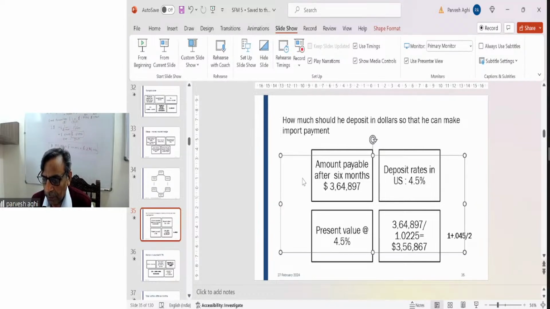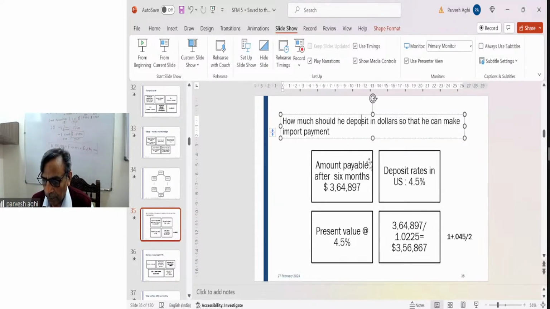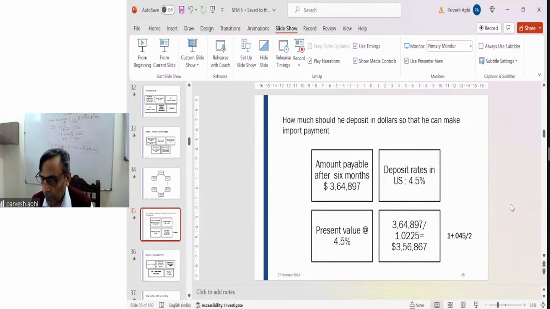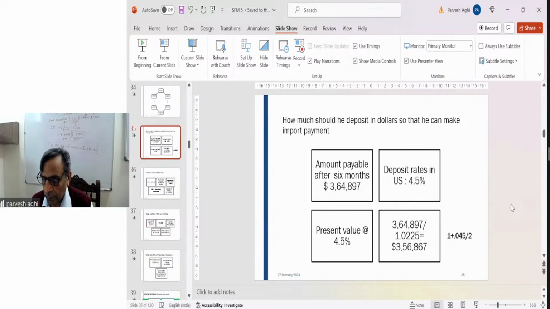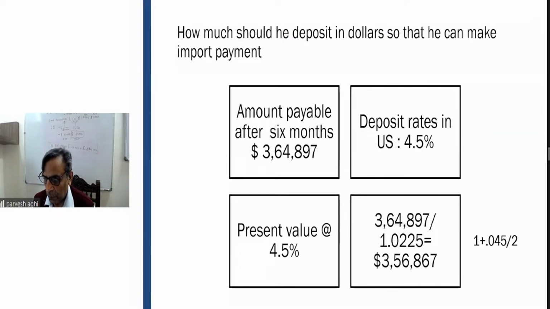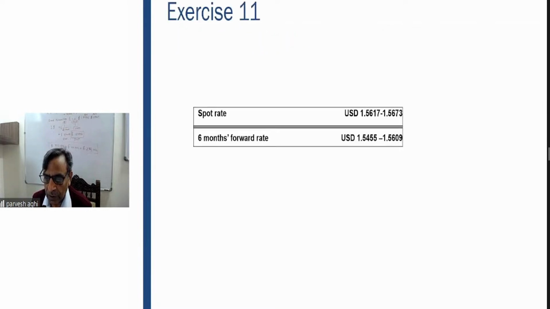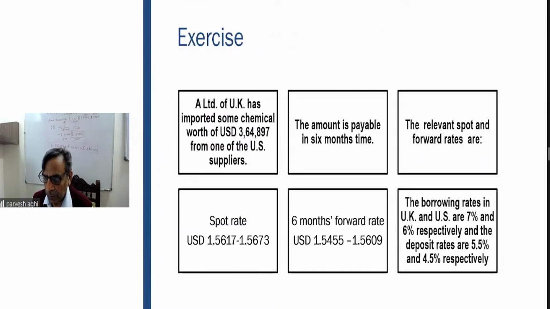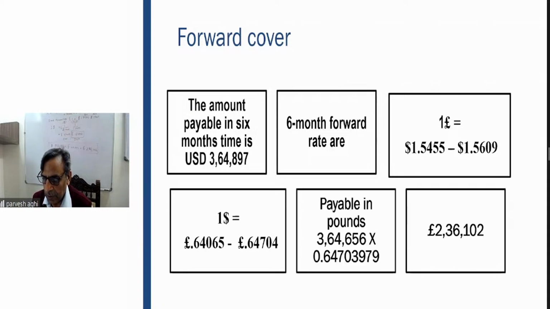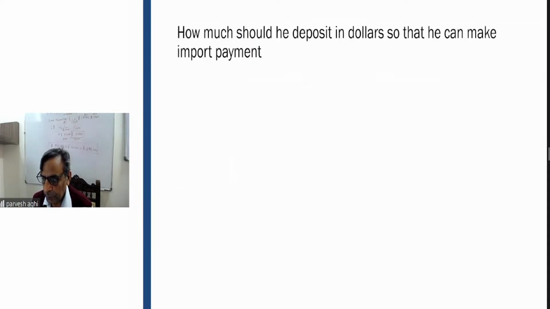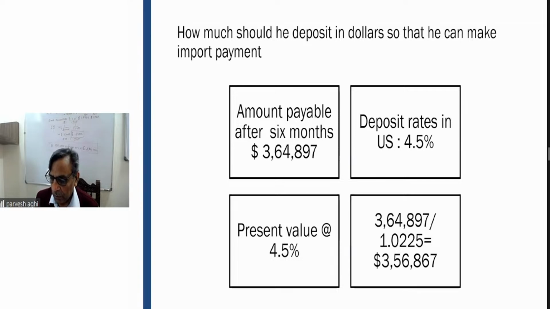So the amount will be 3,56,867. If he deposits this money in the US, for how many months? 6 months, yes. So for 6 months he has to deposit the money there, and this money is going to become 3,64,000.